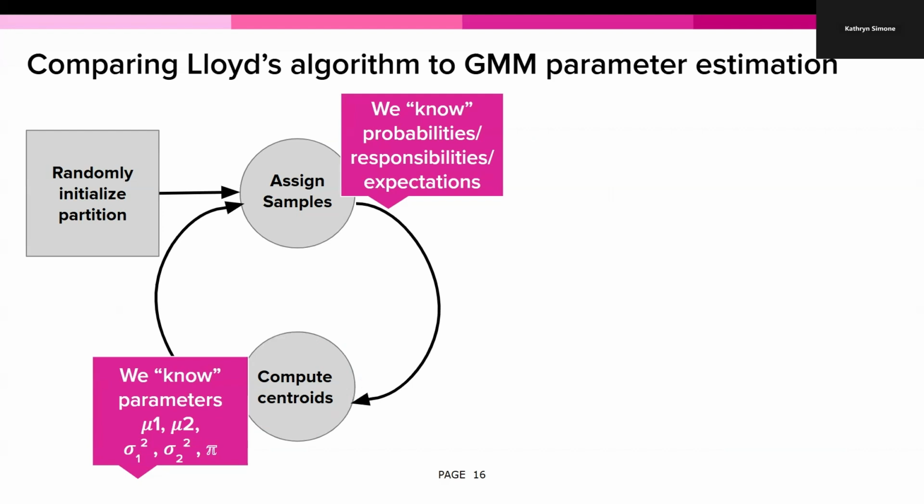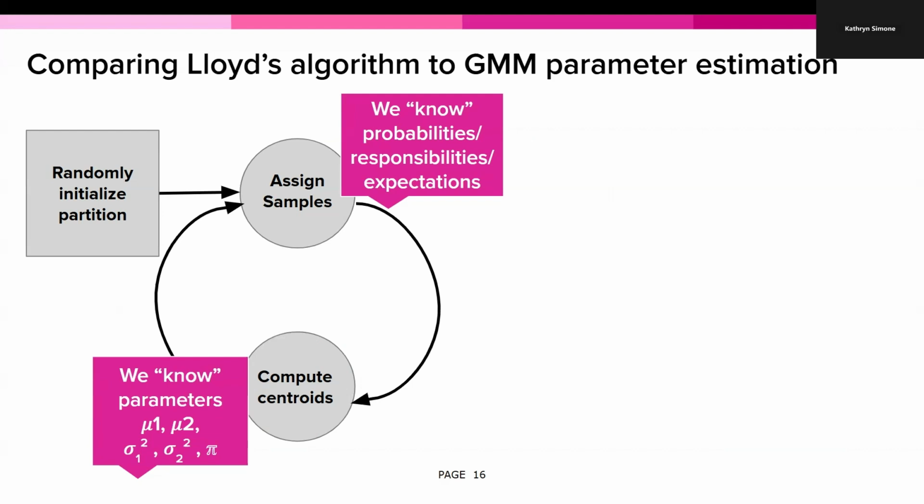And this is a soft assignment. To be precise, it's the expected value of the assignment variable for each point rather than a fixed binary decision. There are some clear similarities between k-means and the Gaussian mixture model problem, but our model clearly involves more nuance.